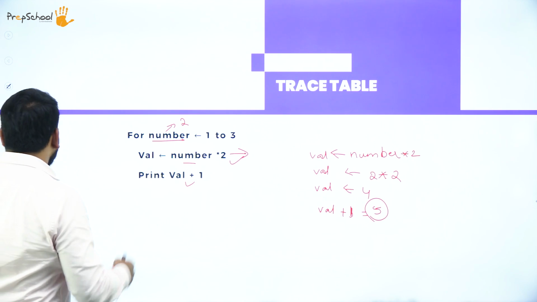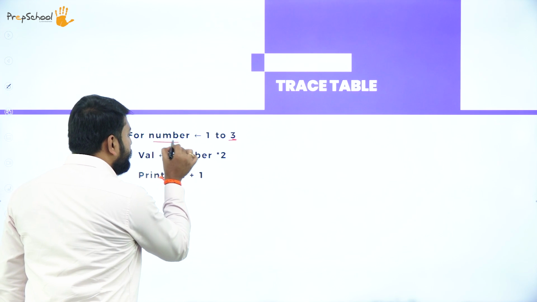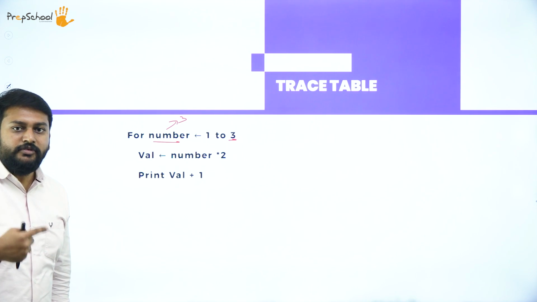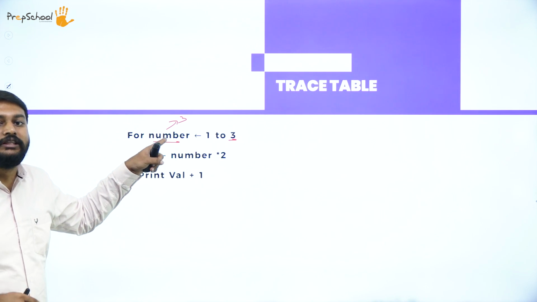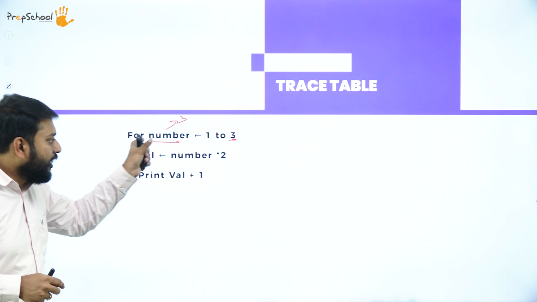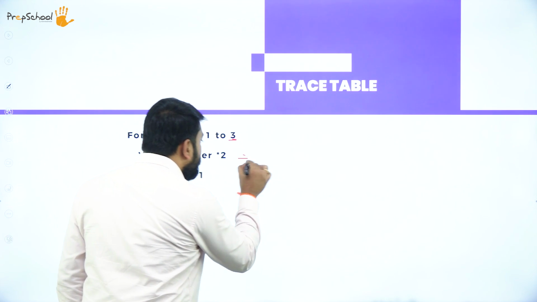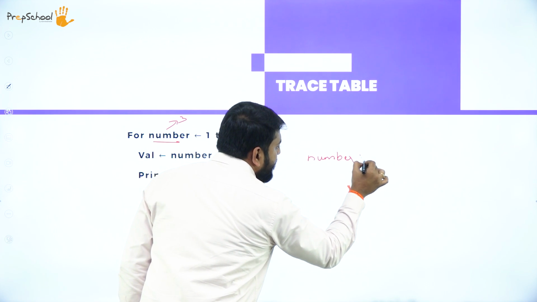So in the third iteration, what happens? Let's see. In the third iteration, please observe, number is getting assigned 3. So please understand that this variable contains 3. After that, it goes inside. Number into 2.